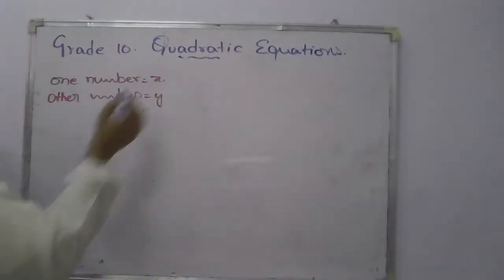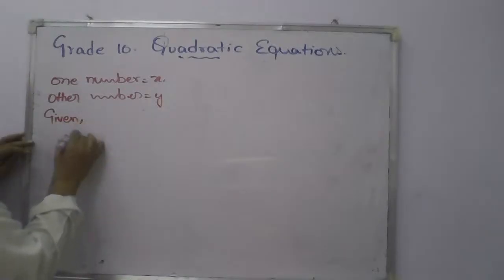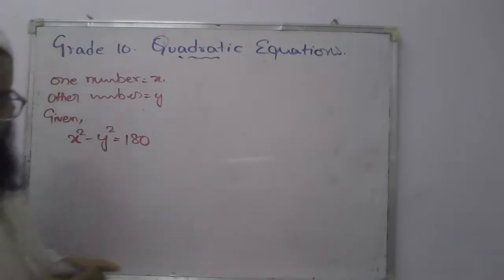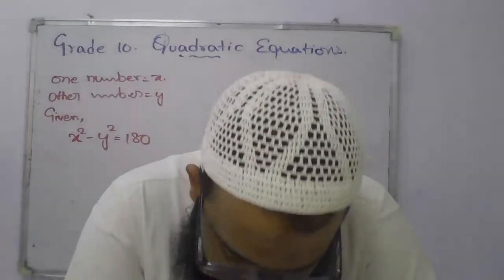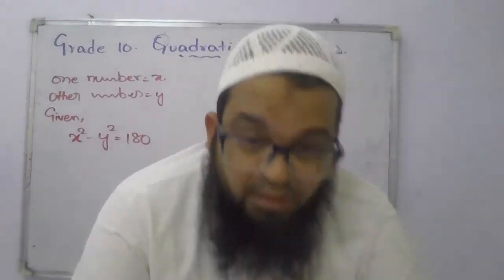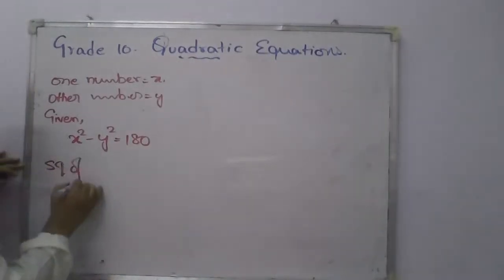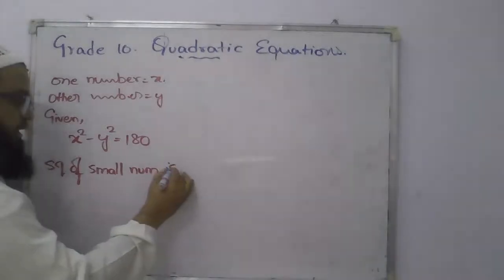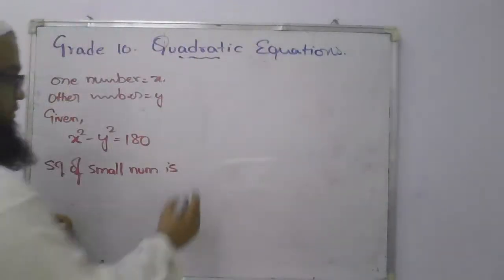Let us say this is the bigger number. So given x square minus y square is equal to 180. Okay. The square of the smaller number is 8 times the larger number. See, he is telling that the square of the smaller number is, what is that? 8 times the larger number.